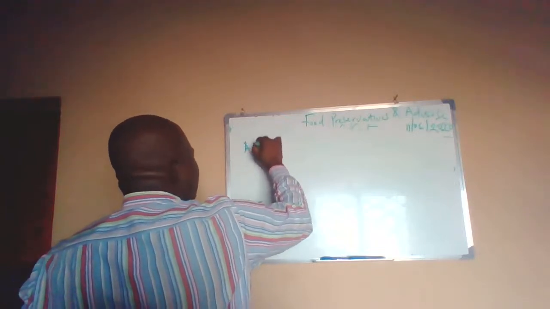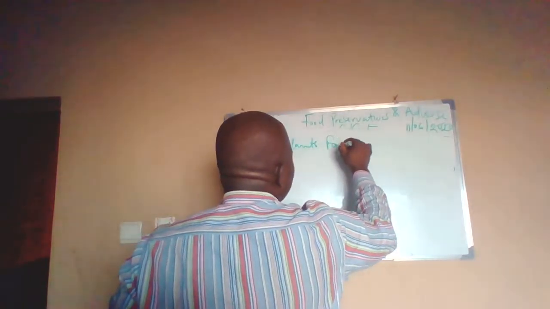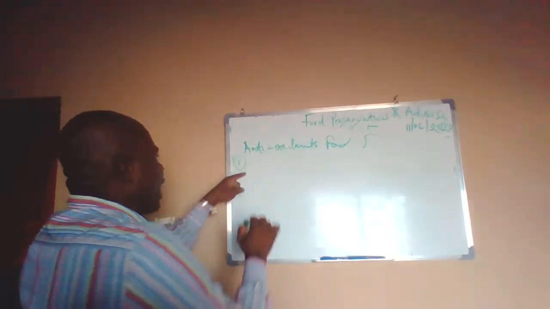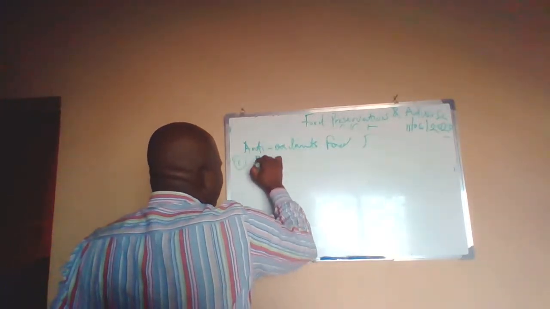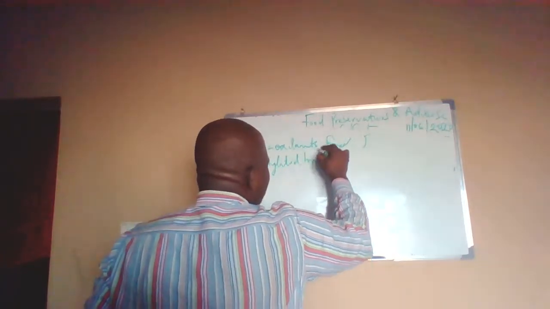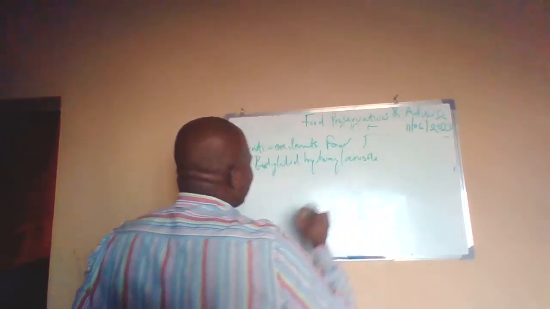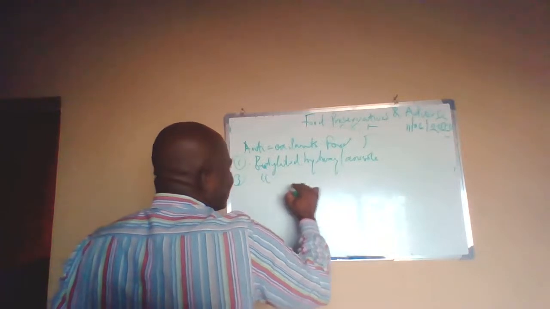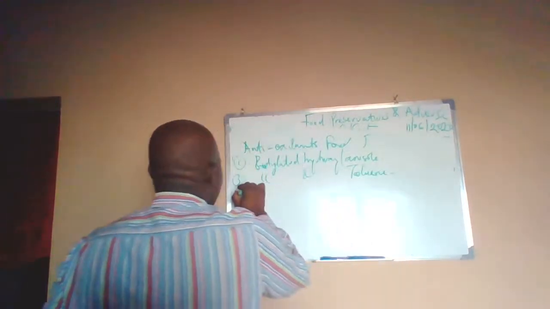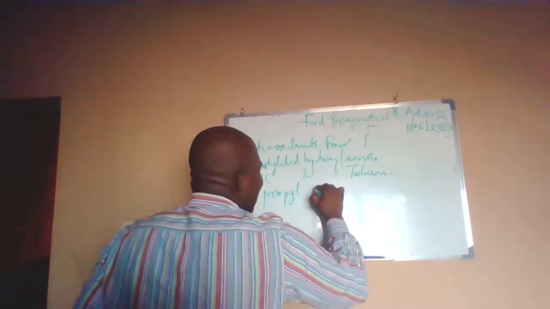So under antioxidant food preservatives, we have what? We have butylated hydroxyanisole. We have butylated hydroxytoluene. We have propyl gallate.